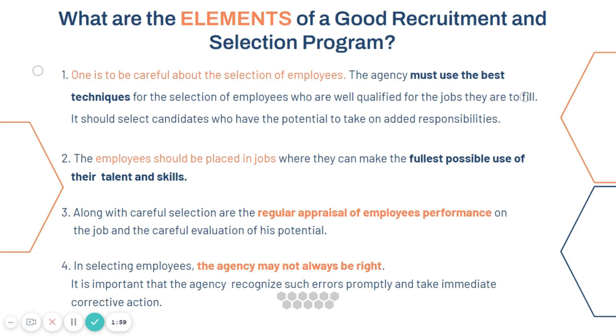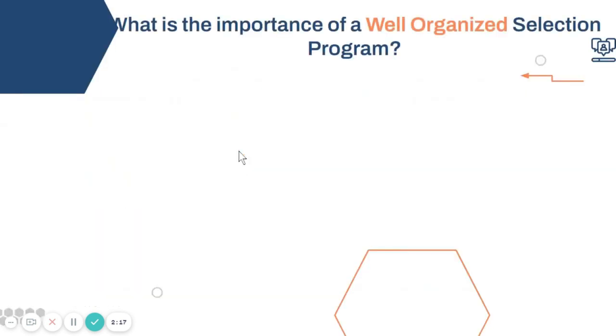Fourth, in selecting employees, the agency may not always be right. It is important that the agency recognize such errors promptly and take immediate corrective action. So, the next question is, what is the importance of a well-organized selection program?